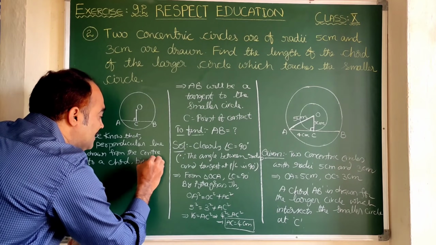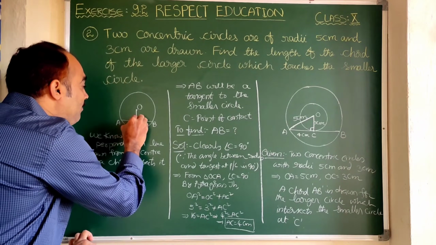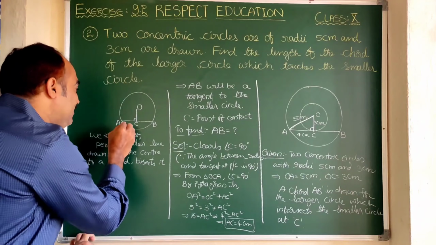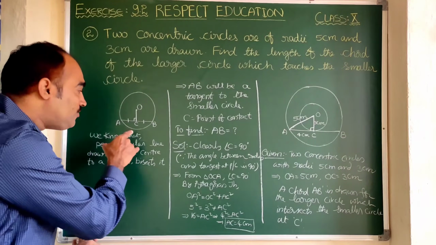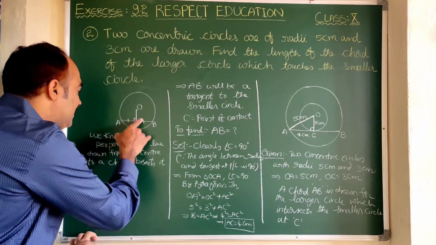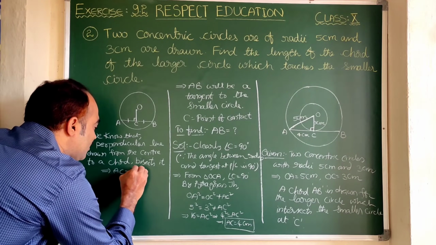We can write bisects it. That means here this point is the bisecting point, in which we can say AC is equal to CB. Bisecting means what? That is the midpoint. So we can say AC is equal to CB.